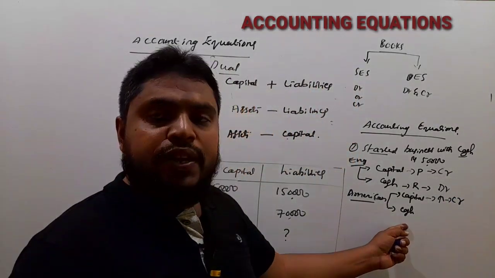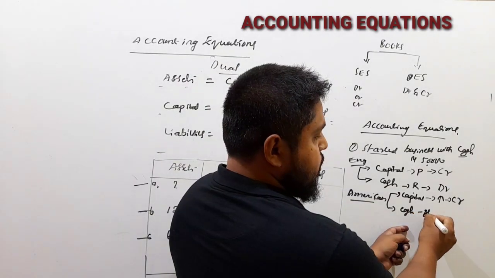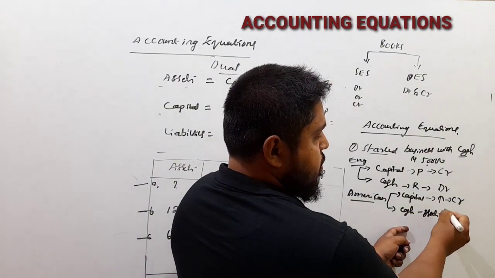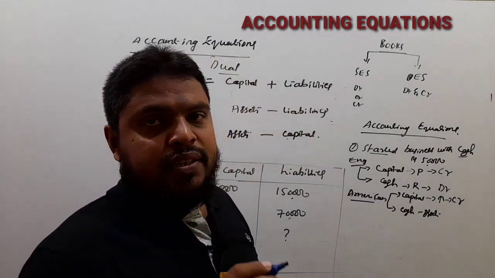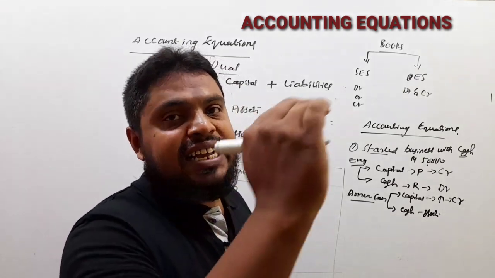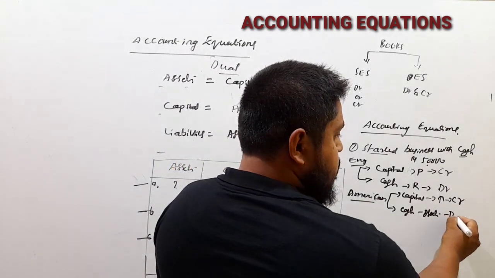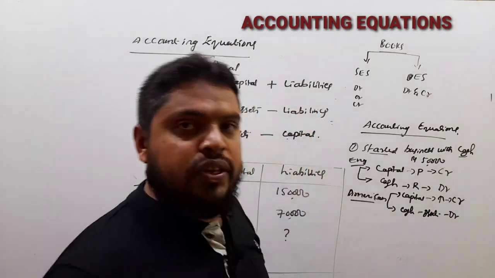Cash is an asset. So assets increase and decrease rules: if assets increase, debit side. If assets decrease, credit side.